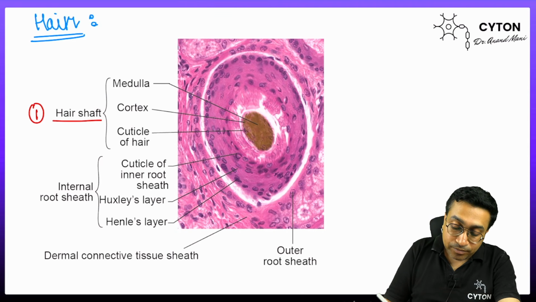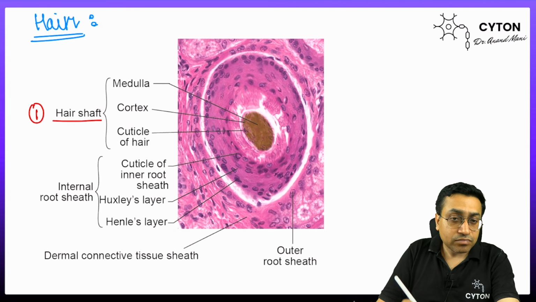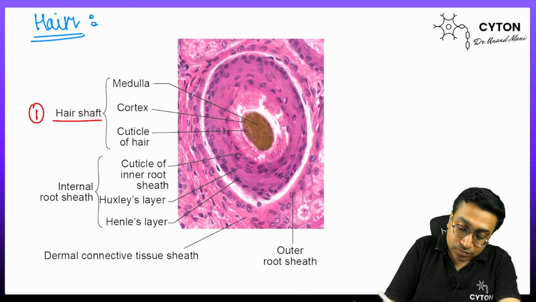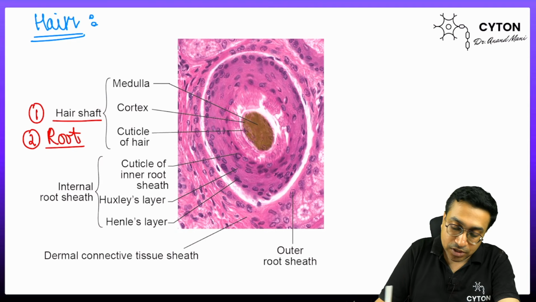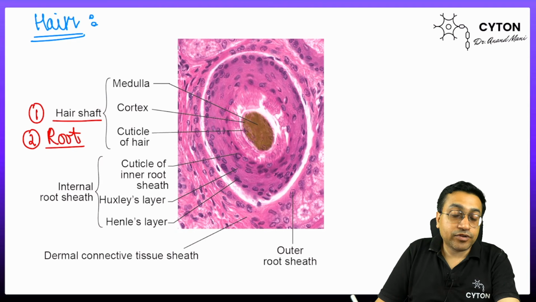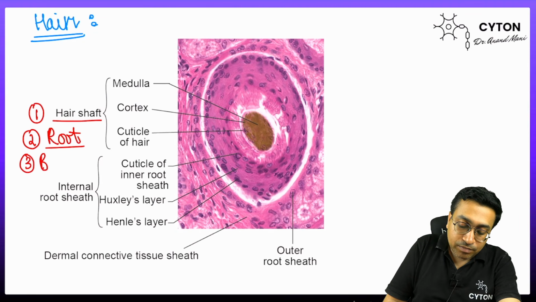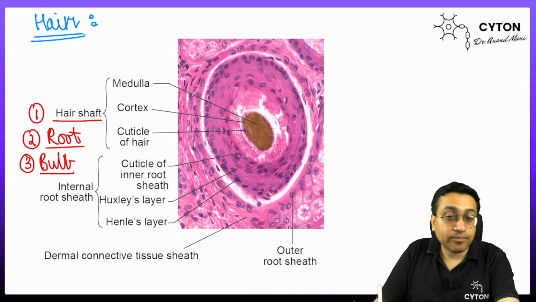Then you have a root. Number 2 is the root. Actually this is a histology image, so you won't be finding the other structures in it. The second part is the root, which is embedded in the skin and enclosed by the hair follicle. Number 3, you have the bulb, which is the lower expanded end of the root of the hair. The hair follicle is the dermoepidermal sheath which covers the root of the hair.